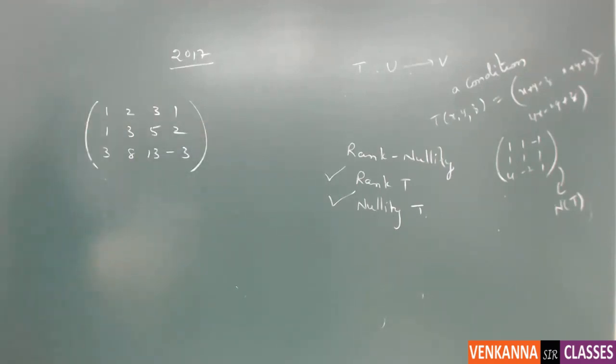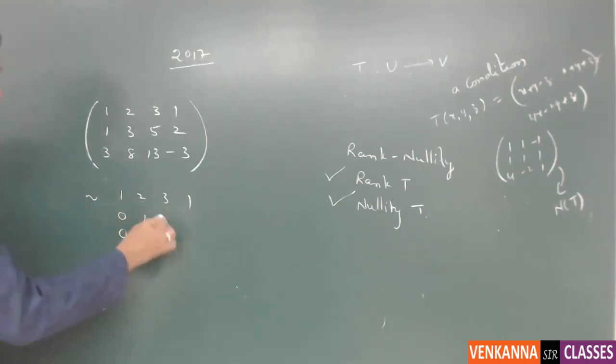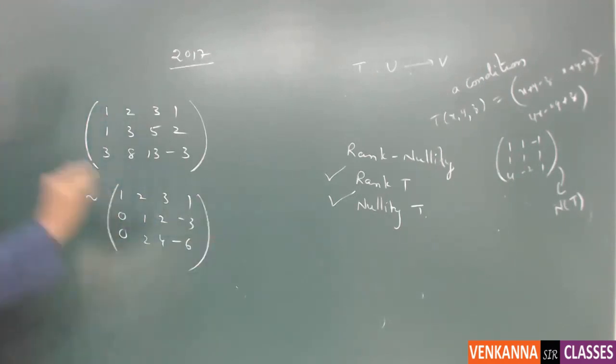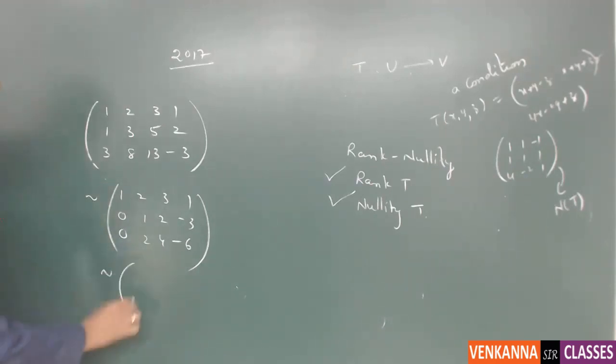of T. So if you apply the operations R2 goes to R2 minus R1 and R3 goes to R3 minus 3R1, then you are going to get the result. Again applying the operation here, you will get that.